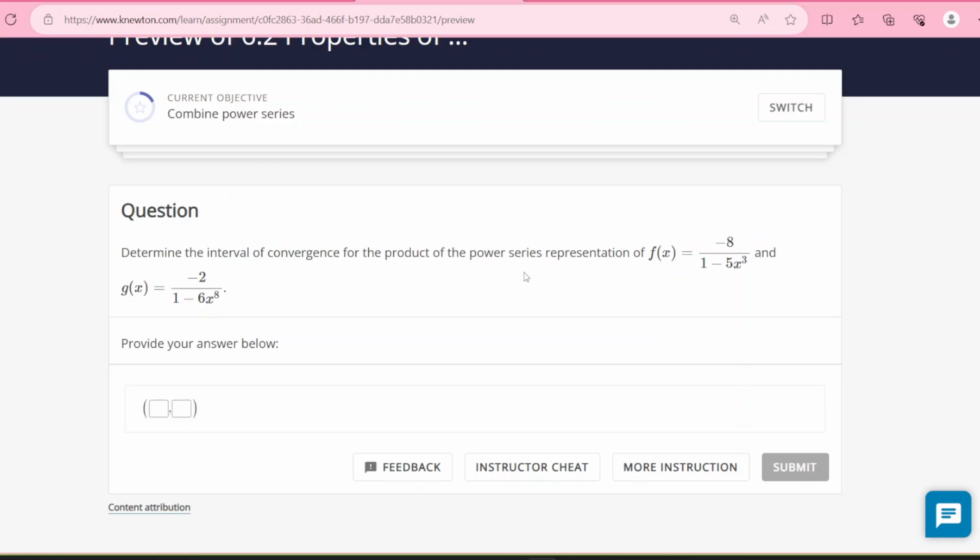So you need the intersection again. We need to have the values that both converge for in order for their product to be convergent.